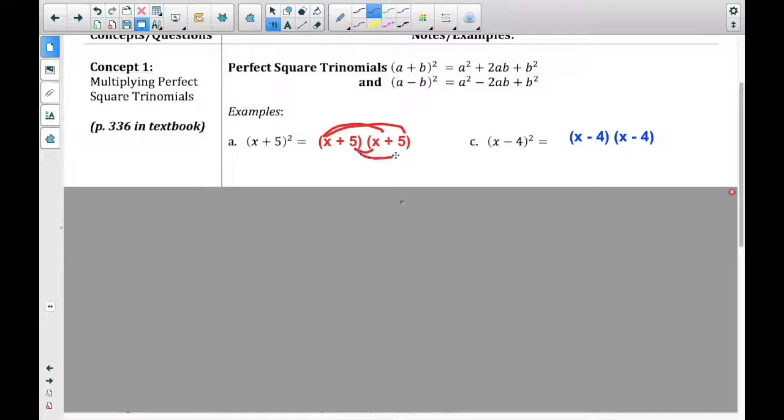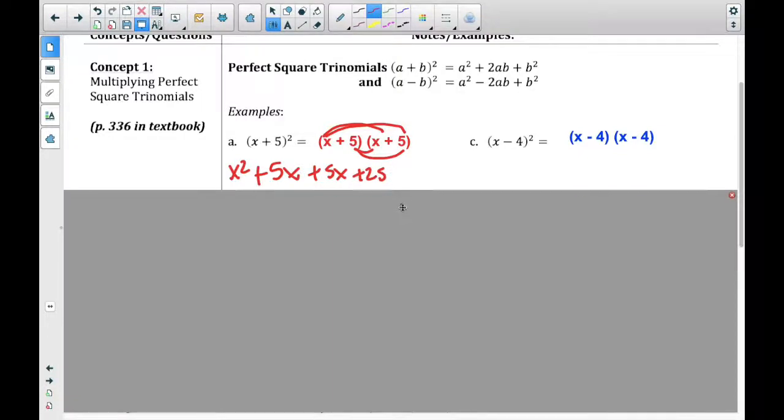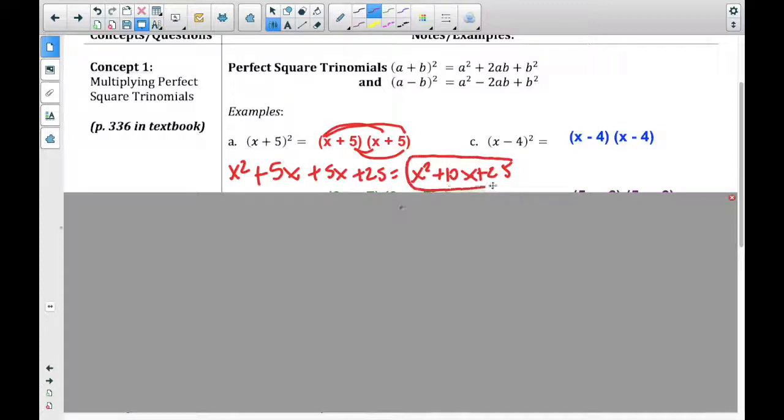Just double distribute it, and you get x squared plus 5x plus 5x plus 25. Now, of course, we need to go one more step and simplify that, and so we get x squared plus 10x plus 25. There is nothing wrong with what we just did. It is completely mathematically accurate, and you can do it that way.